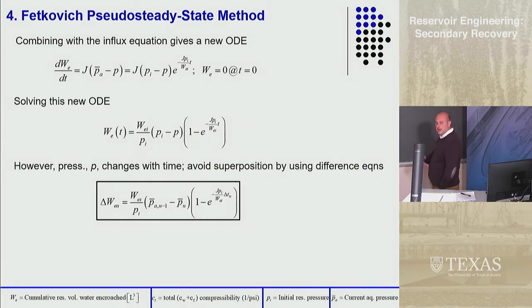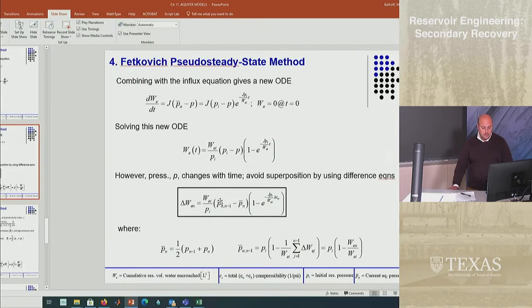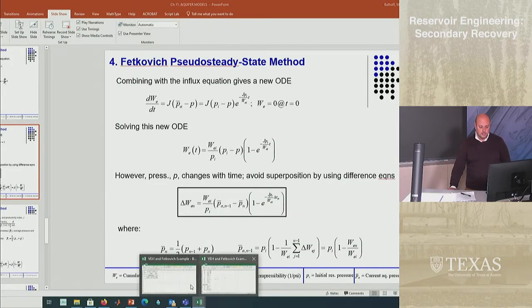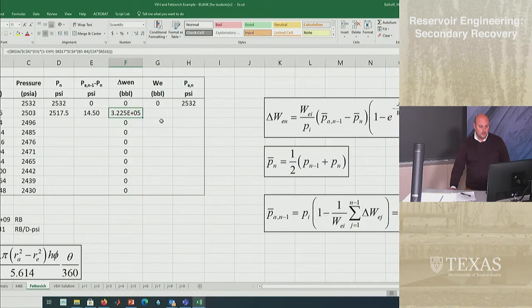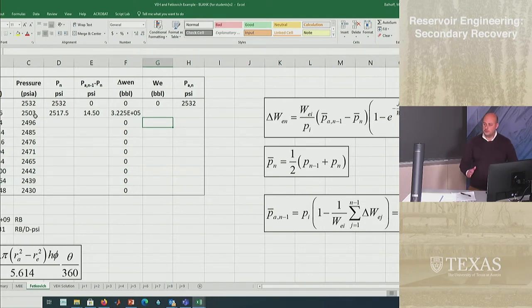This formula I have boxed: delta WEN is equal to WEI, which we've calculated, divided by the initial pressure, times PAN minus 1 minus PN, which we just calculated in the previous column, 1 minus e to the j. We've calculated j, pi, WEI, we know all that, times delta t, and we've got to be really careful with our delta t, and that delta t is 6576 minus 0. So it's the incremental time, so that's the delta t.